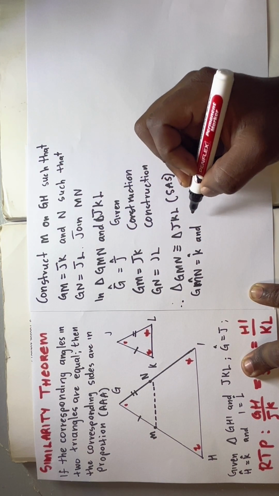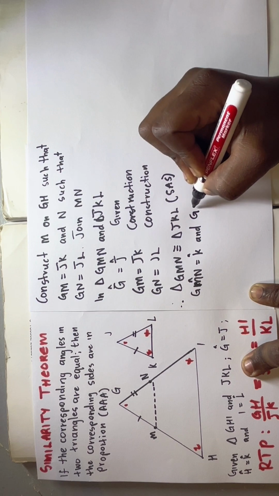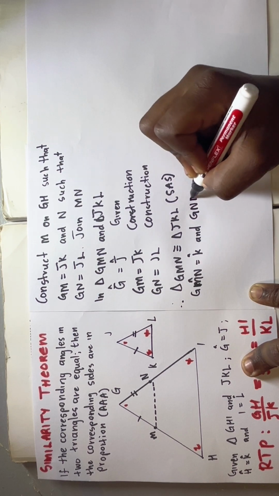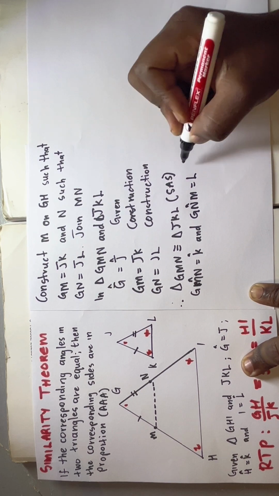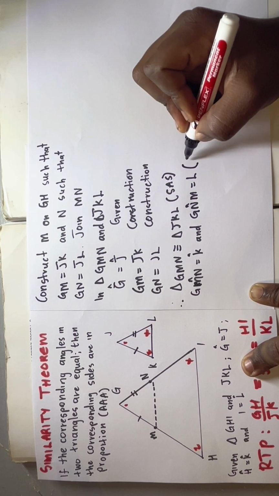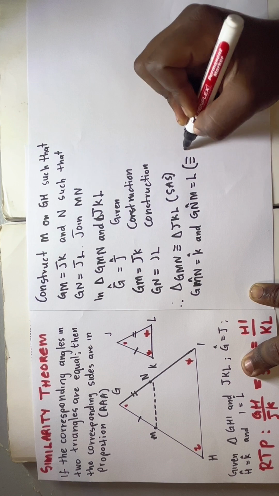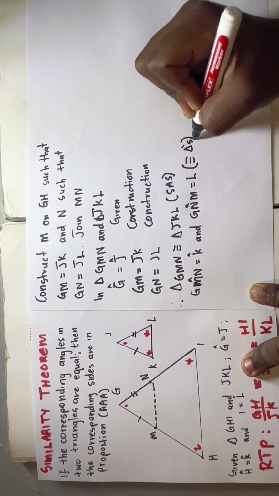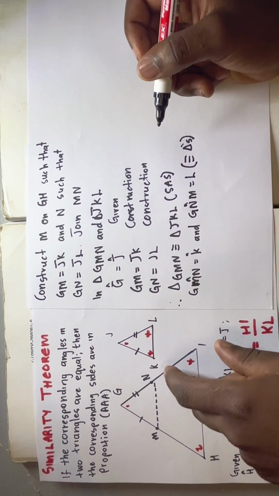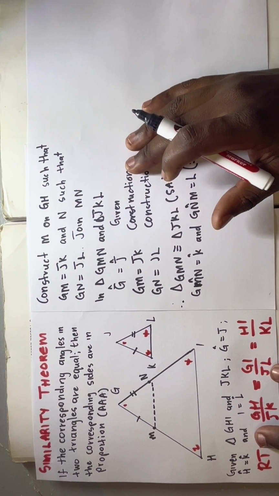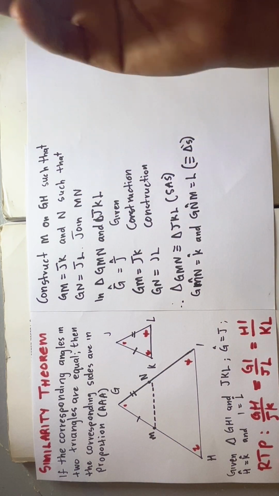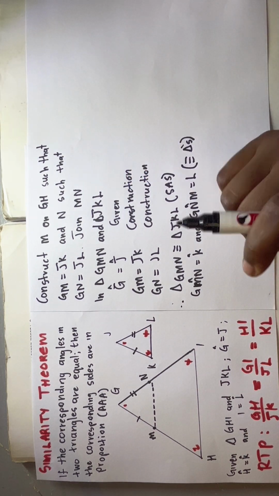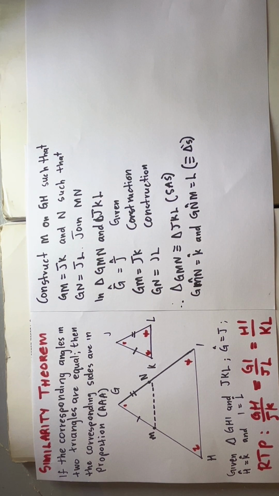Our angle GNM, this angle is going to be close to our angle L, and this is because of what? This is because of congruent triangles. Remember, congruent triangles actually tells us that all these triangles are going to be equal in size and also in length, right? So therefore we can conclude based on those fundamentals.